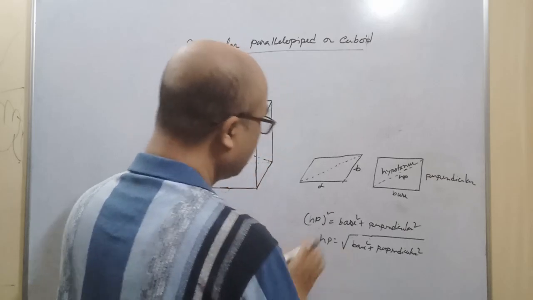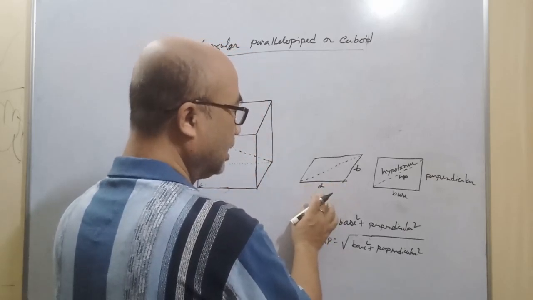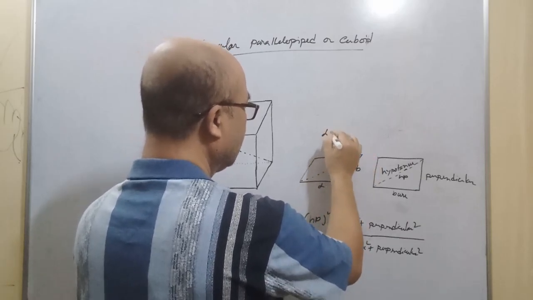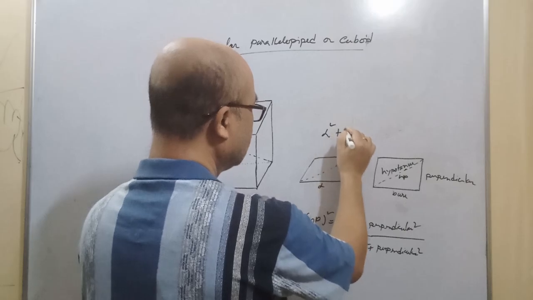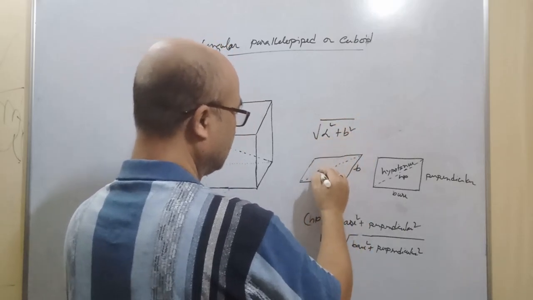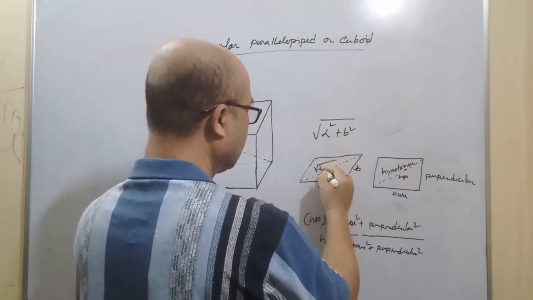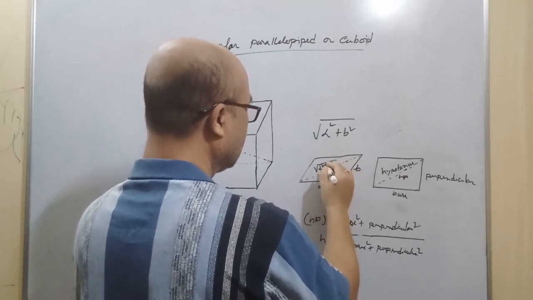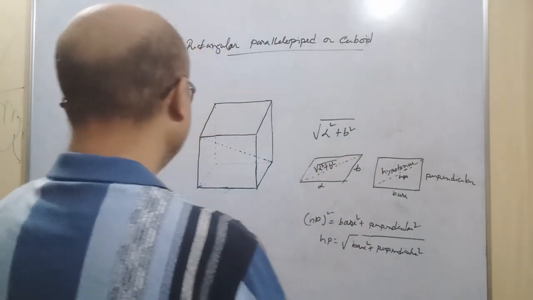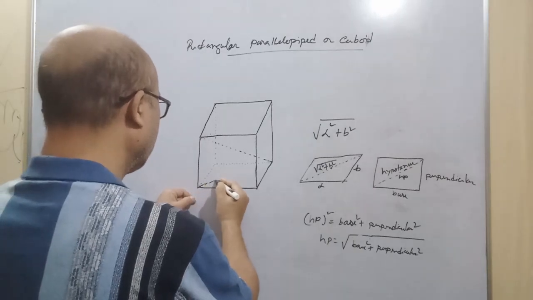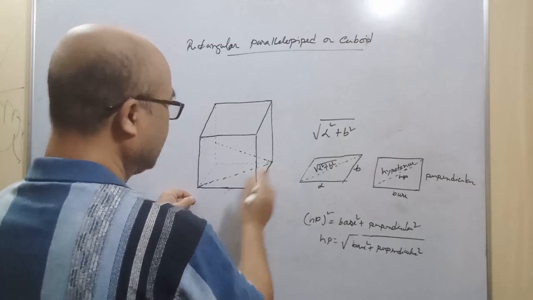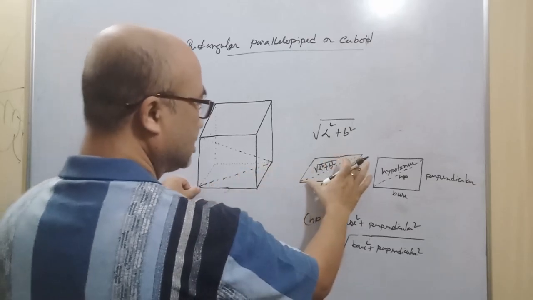Okay, so if we say that this length is L and this length is B, then this length is represented by square root of L square plus B square. So this is the measure of this diagonal from this point to this point. If we draw a diagonal like this, this represents this diagonal.